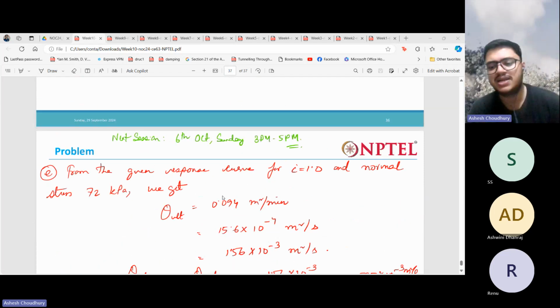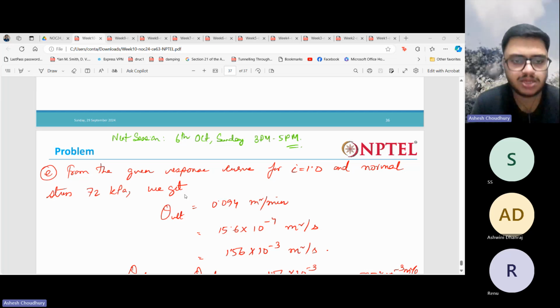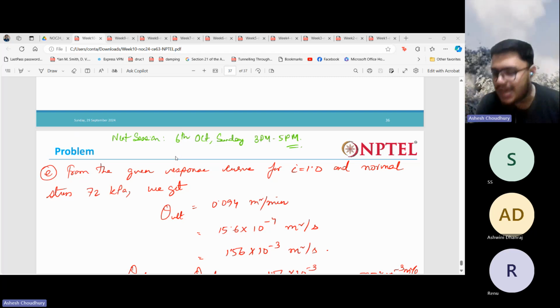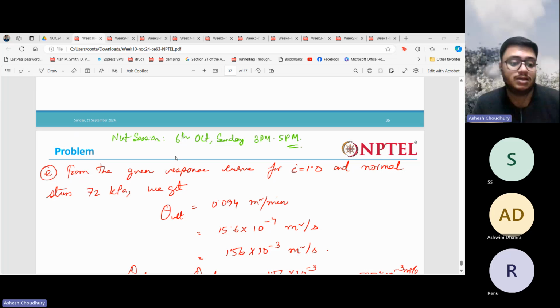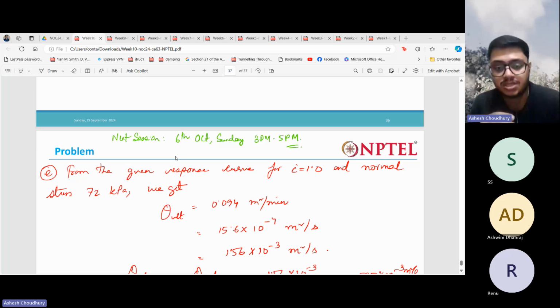These problems related to drainage and filtration are extremely easy, and you can easily solve them. It's not that tough. Just have a quick revision. Just try to solve these problems again by yourselves, and you should be good enough. The main thing where you should put some effort is the problems related to your reinforced earth wall, reinforced slope, then bearing capacity improvement.